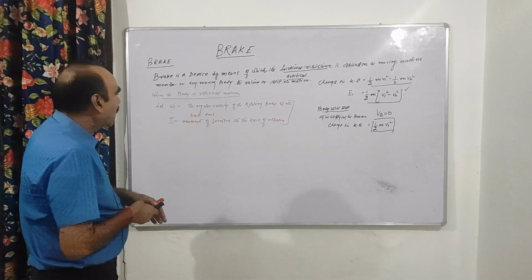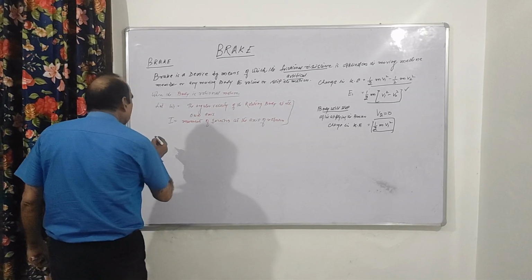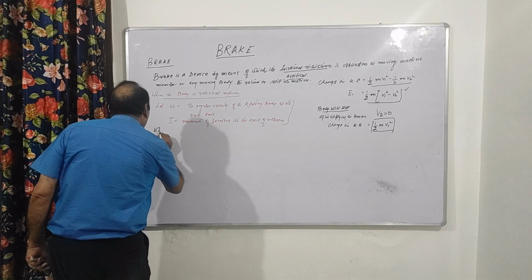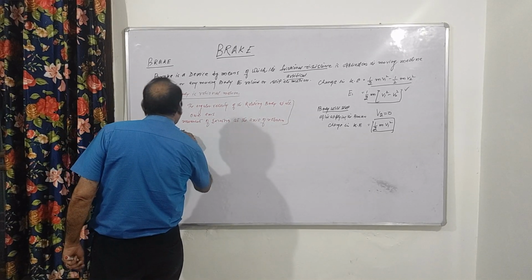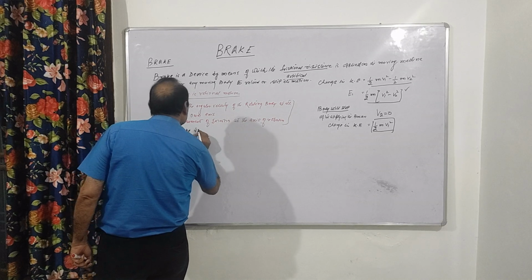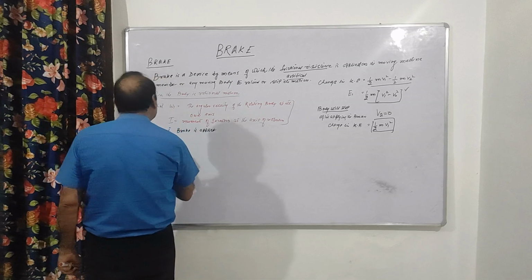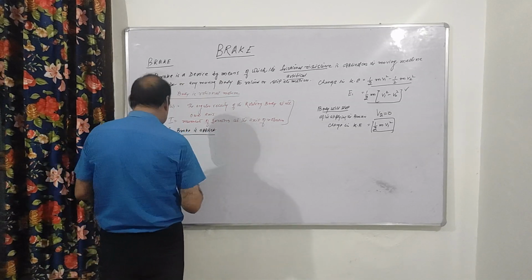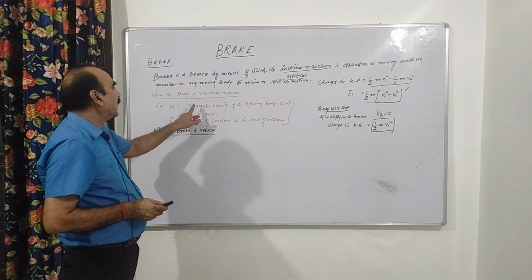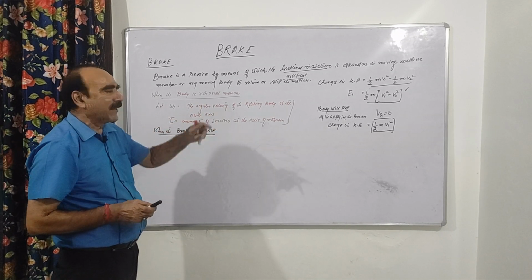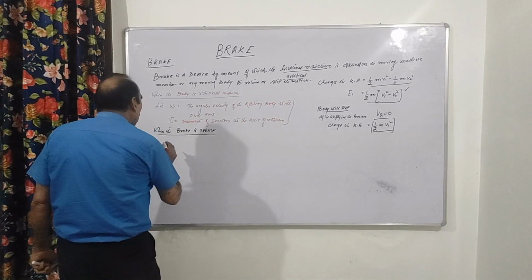नो व्हाट वी विल डू, वी अप्लाई द ब्रेक हियर. सो व्हेन वी अप्लाई द ब्रेक, when the brake is applied, what happens? The angular velocity of the rotating body reduces from omega 1 to omega 2.